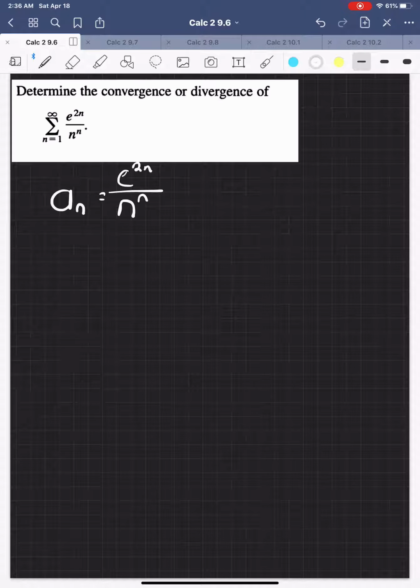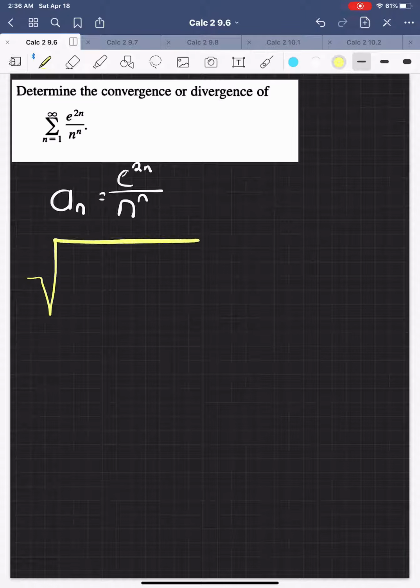What we're going to do is take the nth root of that, right? So let me show you what I mean. We are going to take the nth root. Now, we normally have an absolute value symbol there because if you want to stay in the real number system, we can't take the nth root, at least when the index is even, of negative radicands.